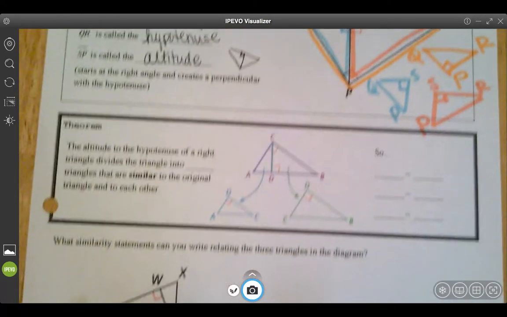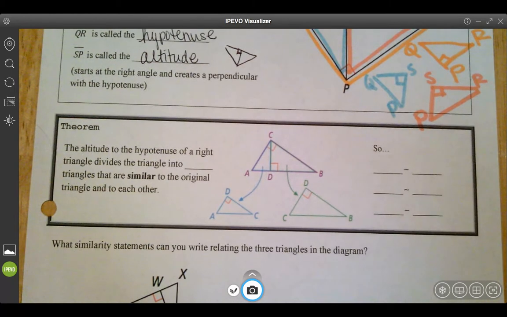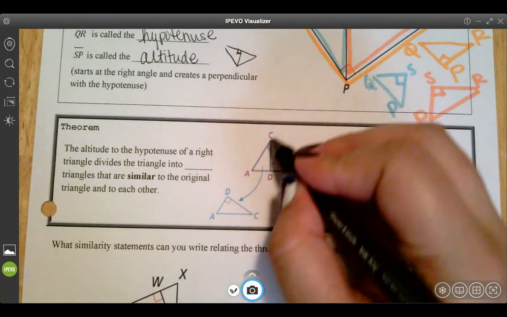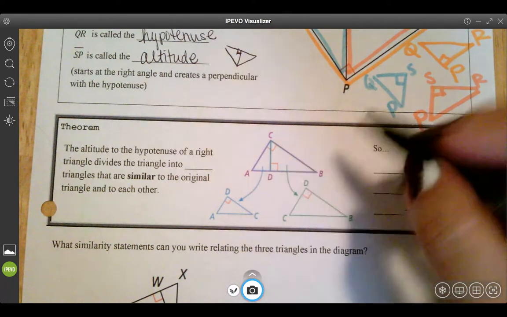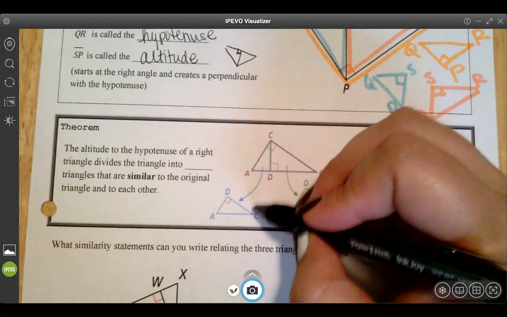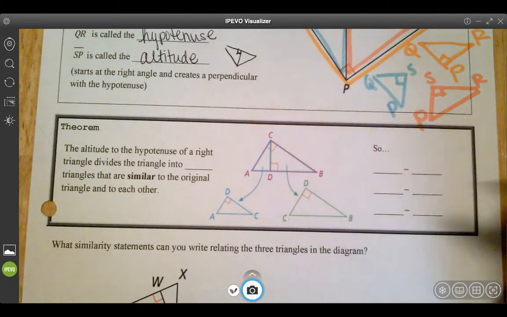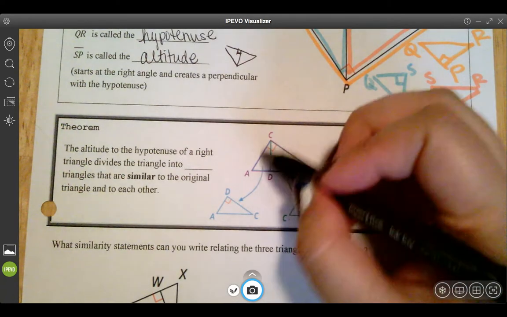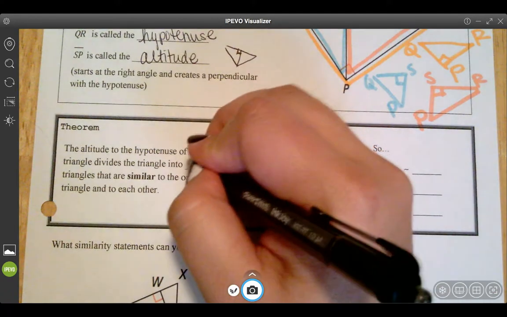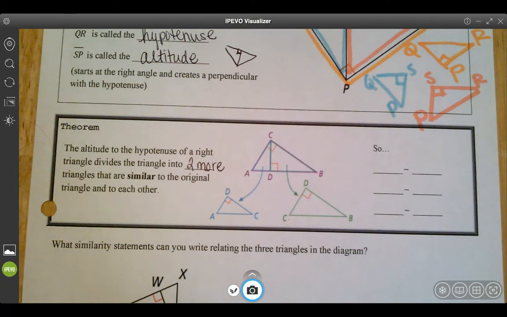And so, as I drew in the diagram above, what this will actually give us is 3 similar triangles. So we have the purple triangle here, triangle ABC, and then we have the small blue triangle, ADC, and the medium green triangle, CDB. So we split the purple triangle. Think about if we cut it in half, it would make 2 more similar triangles.